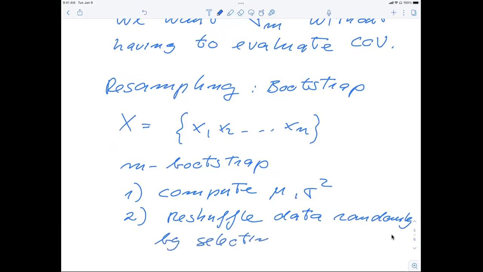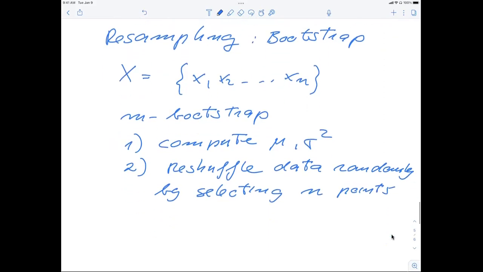So you would select n observations, n points or observables, with replacement. So you would actually place them back in the data set and then perform a new random selection with replacement. That means that you could now generate a new data set, which we are going to call X prime.